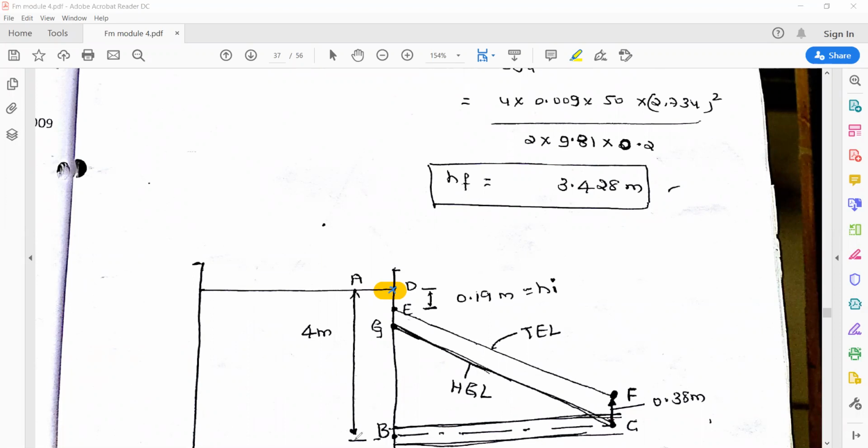That means from the center of the pipe, the total height is 4 meter. So at point D, total head is 4 meter. From the center of the pipe, you need to measure 4 meter and mark it as D, or any notation you like: A, B, C, D, E, F, G, whatever.